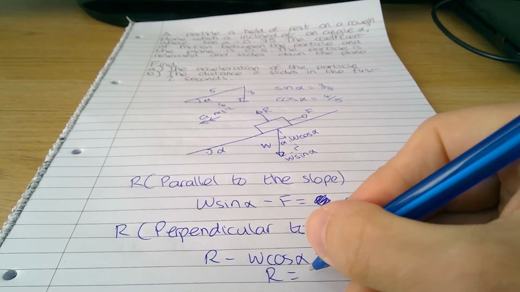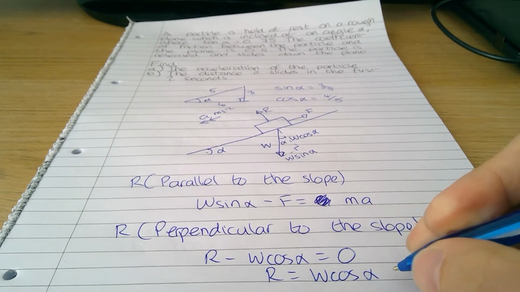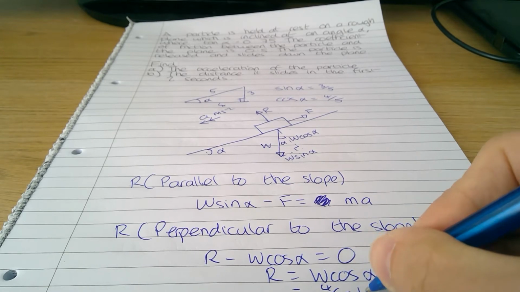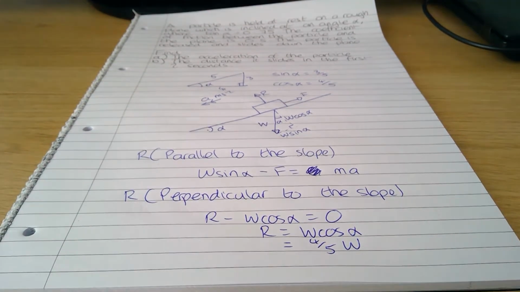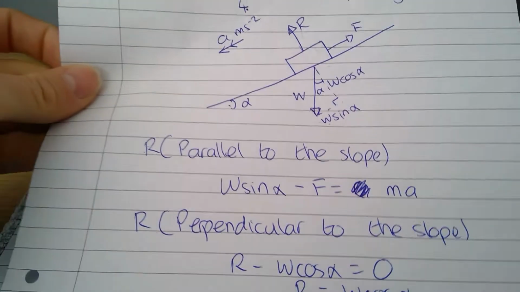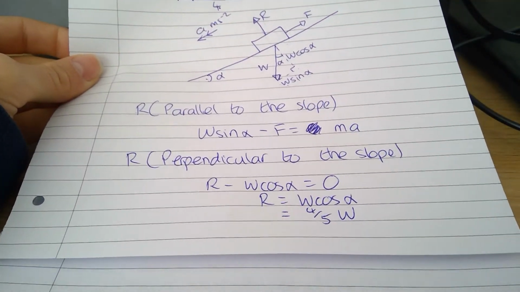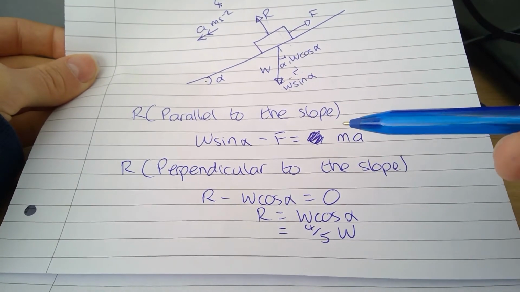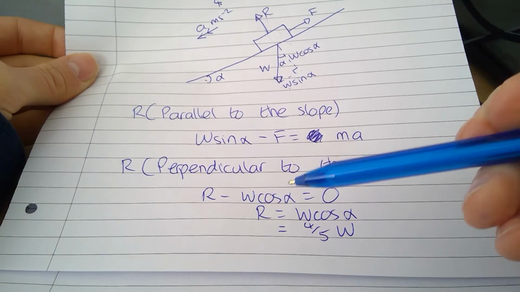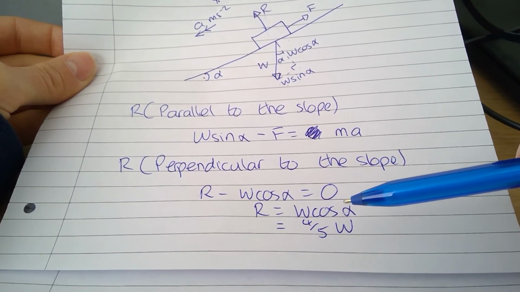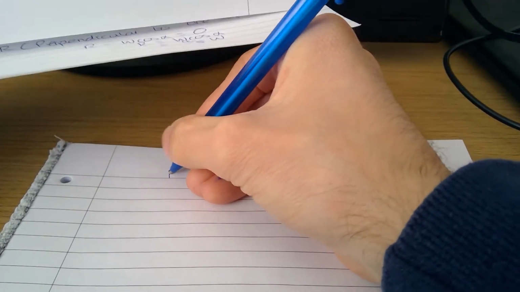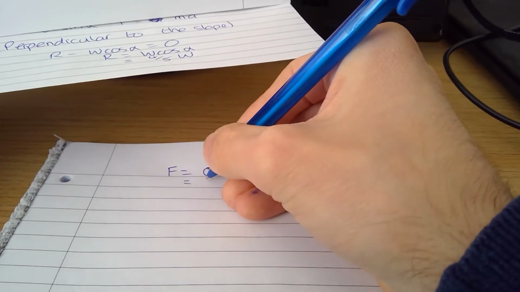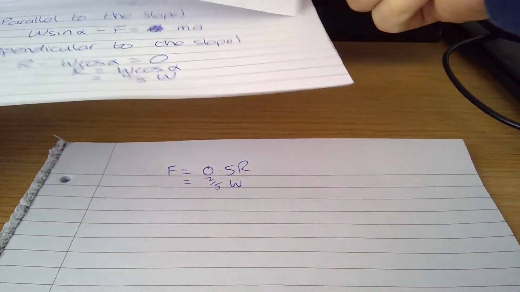So R is equal to W cos alpha, and because cos alpha was 4/5 earlier, that's 4/5 W. We were also told in the question that the coefficient of friction is 0.5. So that gives me a way of working out F. F is equal to 0.5 R, so that's equal to 2/5 W.